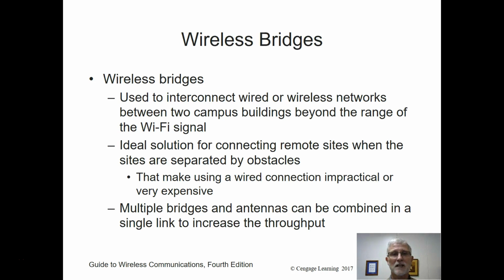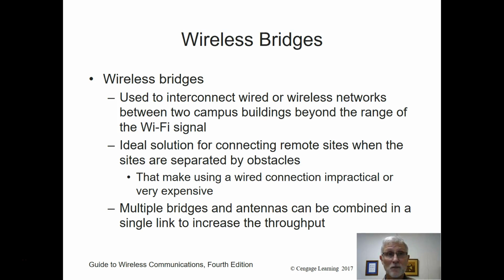A wireless bridge is used to interconnect wired and wireless networks between, in this case, two different buildings on a campus, beyond the range. So if I look at maybe a 100-meter range of an access point, what happens if I want to cover more than that?